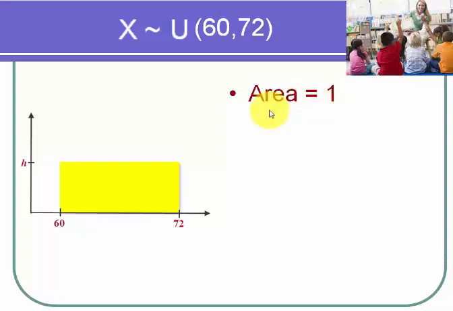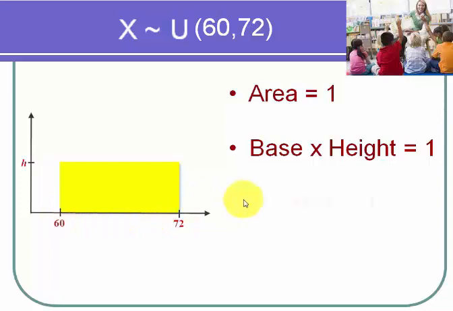But the area is the base times the height, because we have a uniform distribution. The base is just 72 minus 60. The height is h. We don't know it. And the area was 1. But 72 minus 60 is 12.